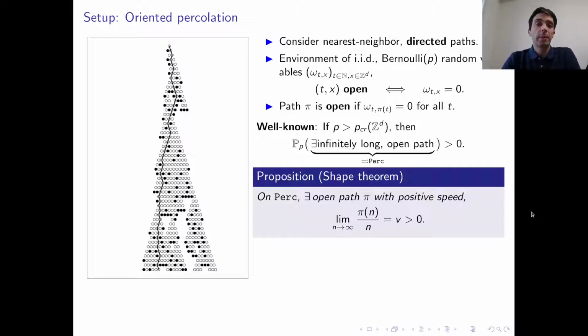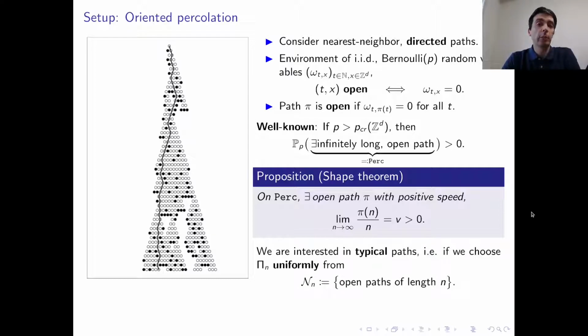The question that I'm interested in today is of a slightly different flavor, namely, I'm interested in the behavior of typical paths. What do I mean by typical? I mean a path chosen uniformly at random among the set of all open paths of a certain length.